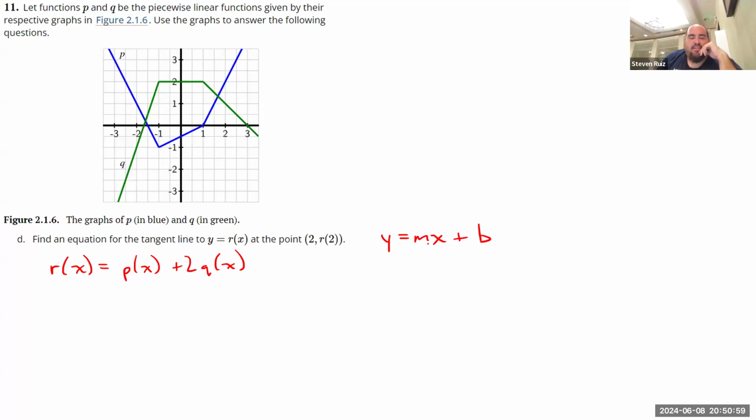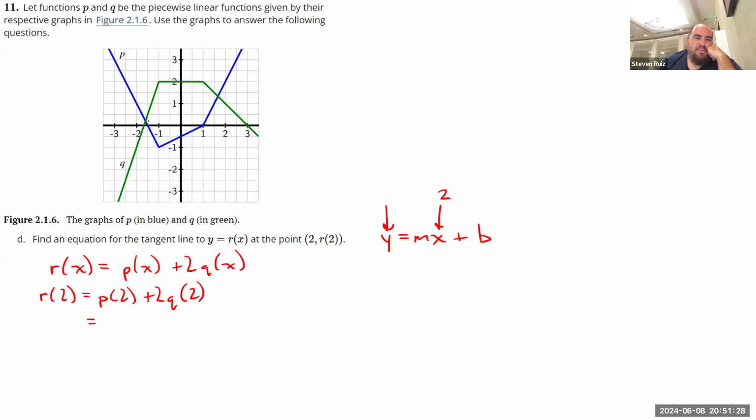So let's get all this information. I know that my x value for this tangent line is 2. The y value that goes with it, I'm not sure yet, so I think we need to find that. What is r of 2? R of 2 equals p of 2 plus 2 times q of 2.